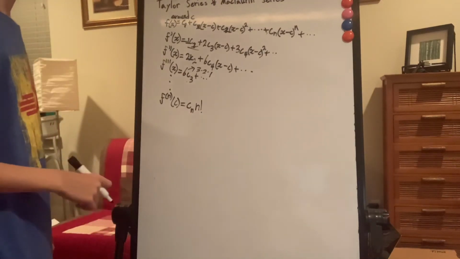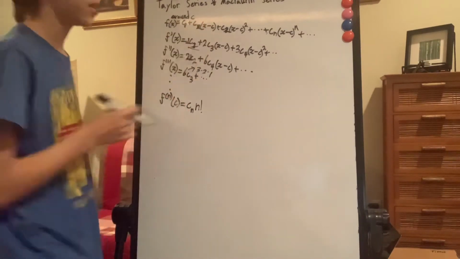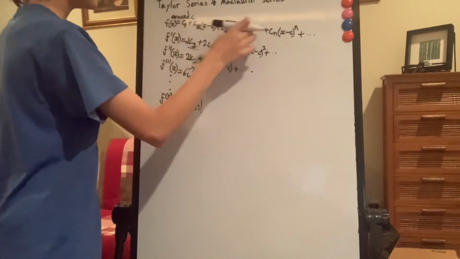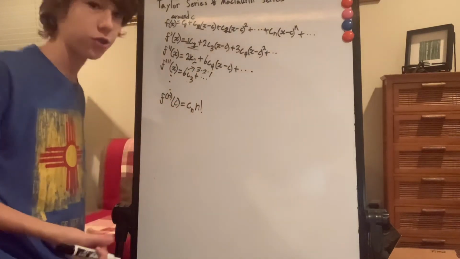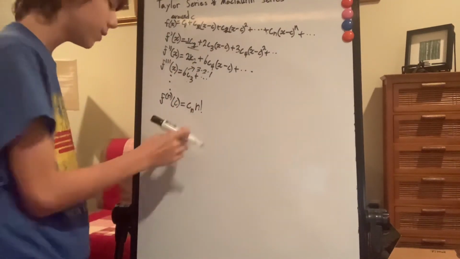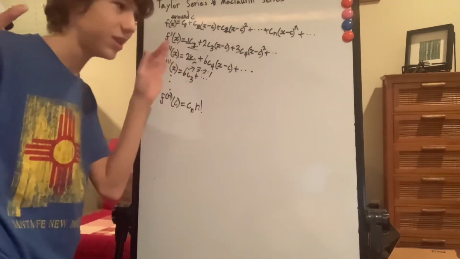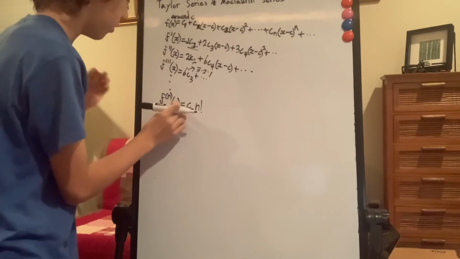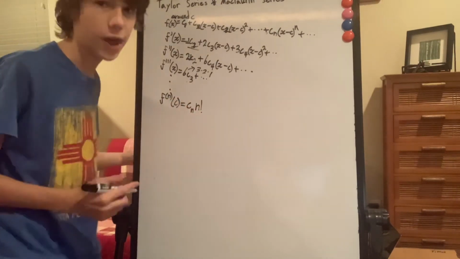And really, now all we're trying to find are the constant terms. That's the goal here. We want to find our c's such that our polynomial will equal our non-polynomial function in the area around c. And we want coefficients that will allow for that to happen.